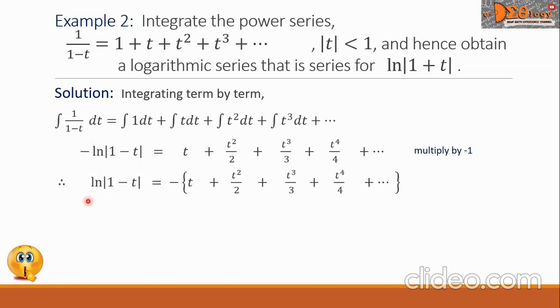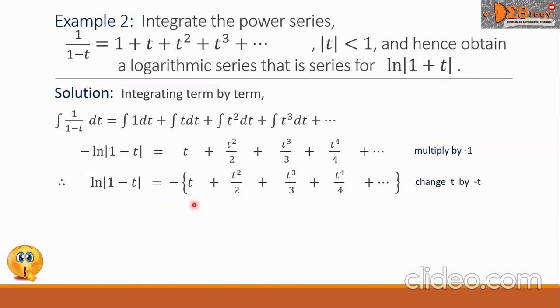So it will be like this. The left side now becomes positive natural log of the absolute value of 1 minus t equals, the right side members now multiplied by negative 1. The next objective now is to make this negative t positive so that it will be equal to our expression in here.